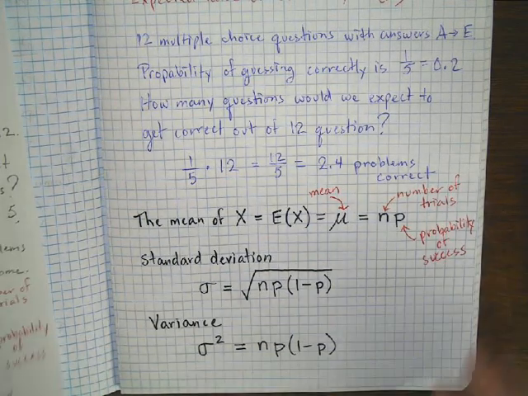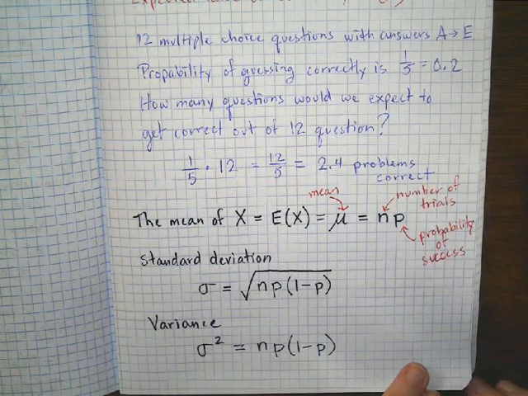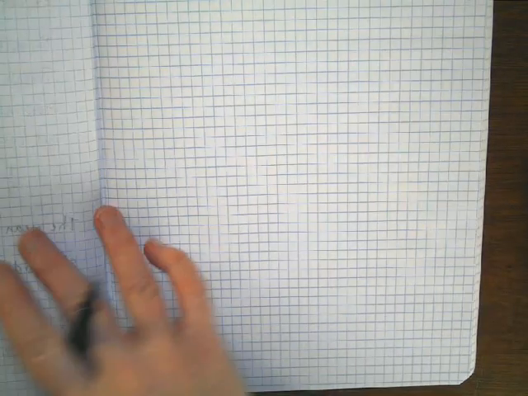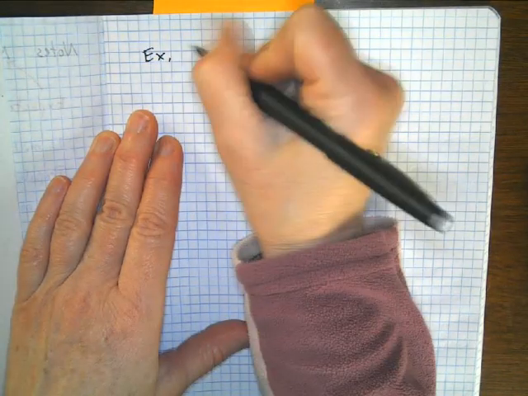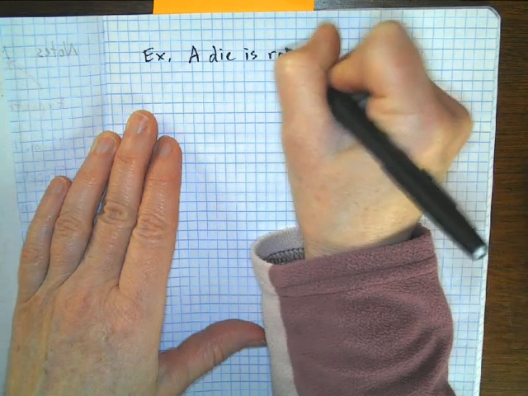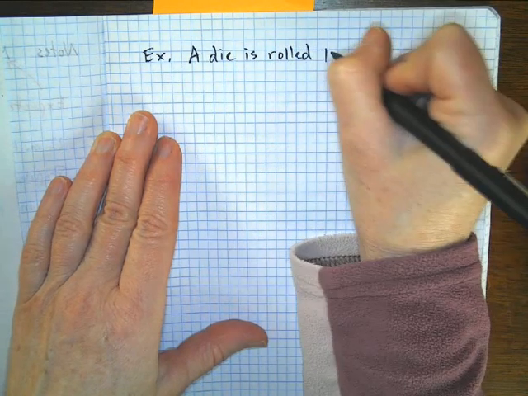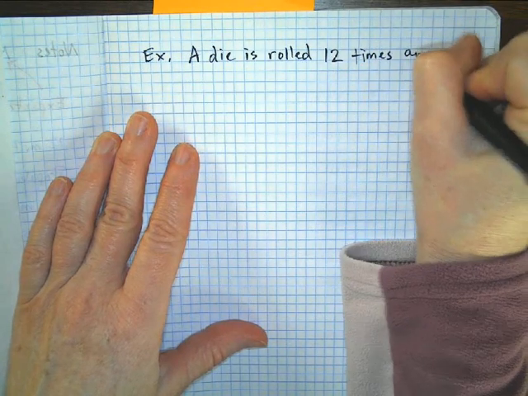All right, so let's do a quick example. So like you're going to have in math space. So here's our example. We're going to roll a die. A die is rolled 12 times. It seems to be my favorite number today.